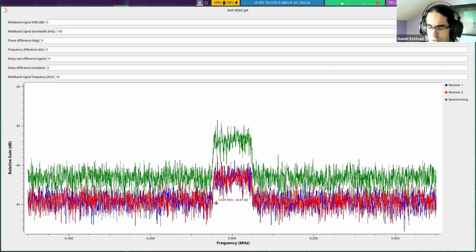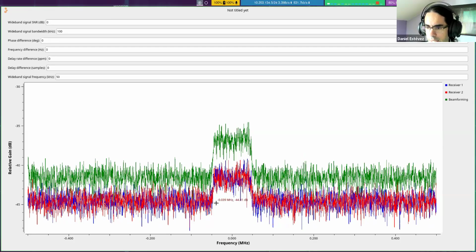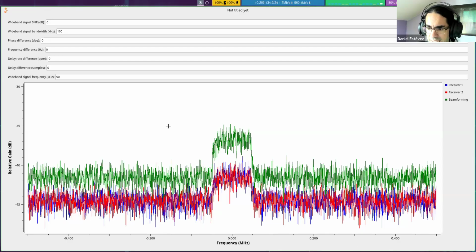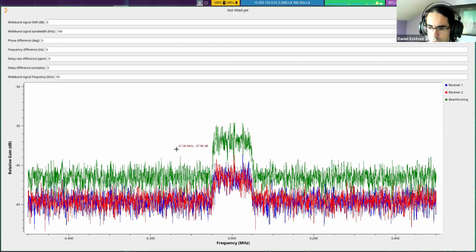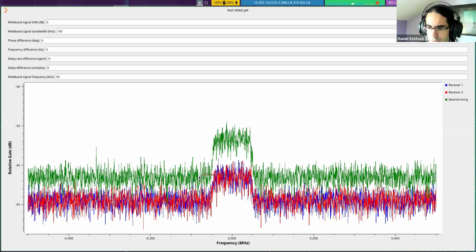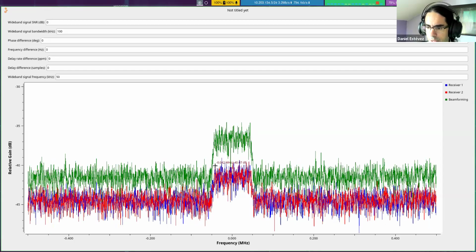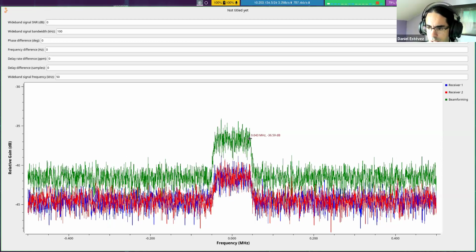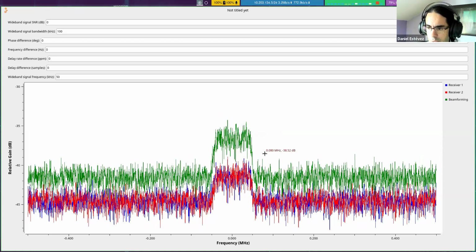And the reason why it is 3 decibels, we already know. Essentially, we are summing two noise sources which are independent. So the powers add, and we get twice the power, so we get a 3 decibel increase. So this has gone up by 3 decibels. However, if you look from here to here, the difference is larger. It is actually 6 decibels.